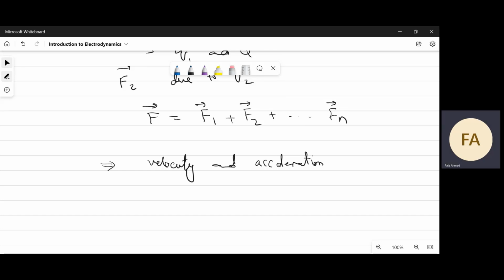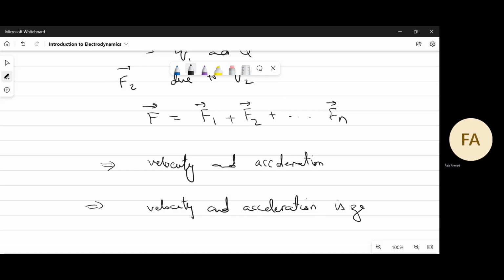So it's still not a straightforward problem, but for this chapter, we assume that the charge velocity and acceleration are 0. So the charges are at rest.